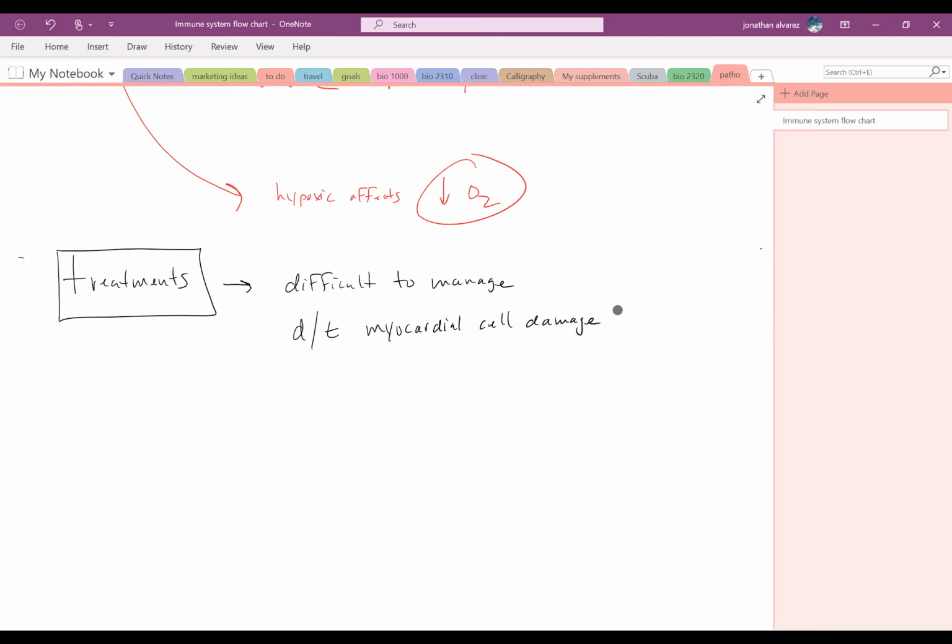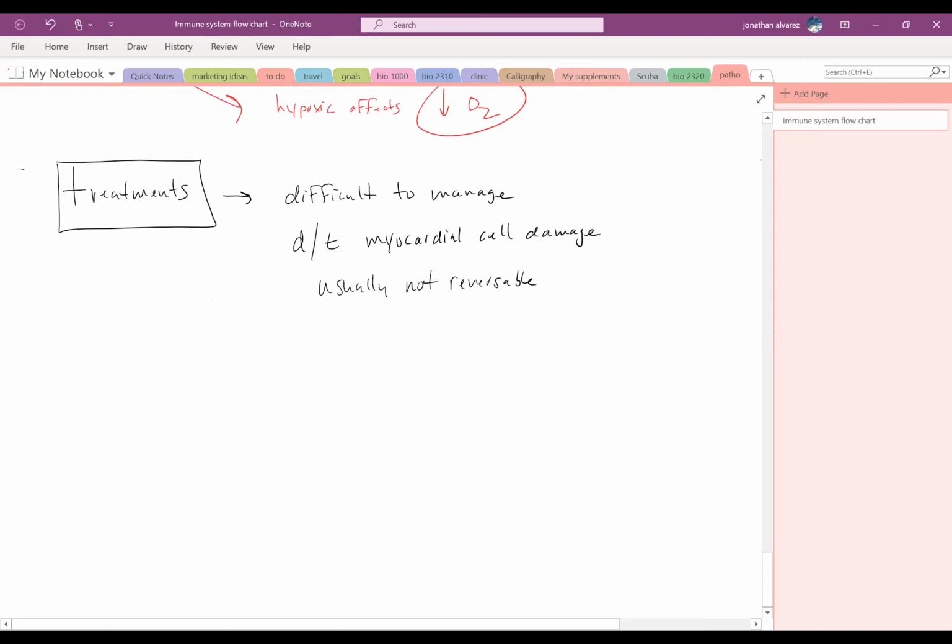When enough has happened, this is usually not reversible. But that doesn't mean you necessarily give up, right? Do everything you can. So the goal is to increase oxygen.